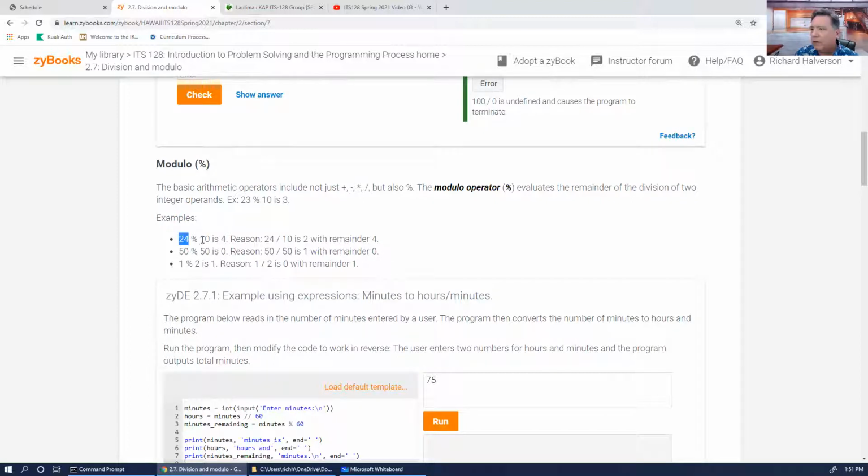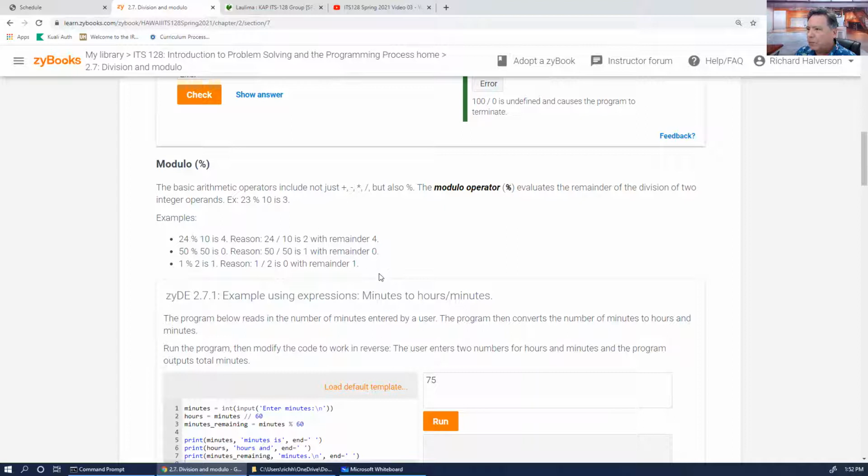So 24 divided by 10 is 2.4, but we only want the 4 part. We only want the remainder. It's 24 divided by 10 is 2, the quotient of 2 and the remainder of 4, because 2 times 10 is 20, plus 4.